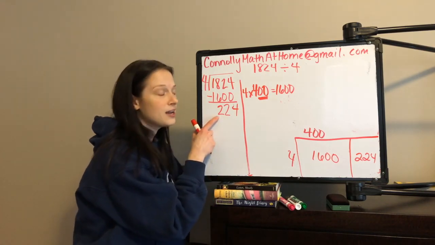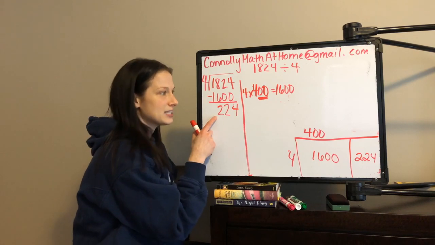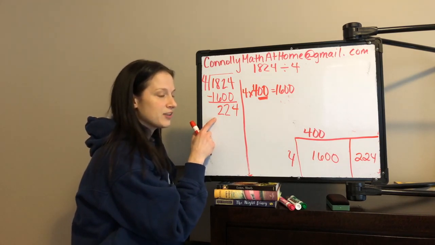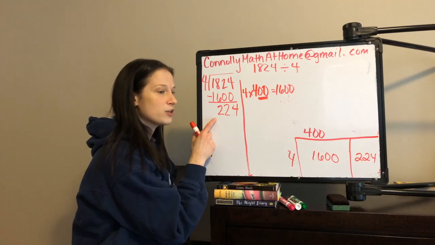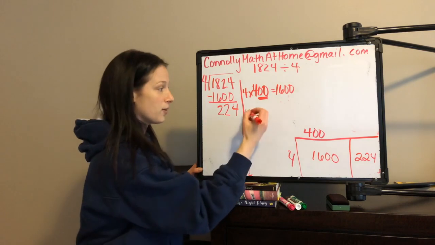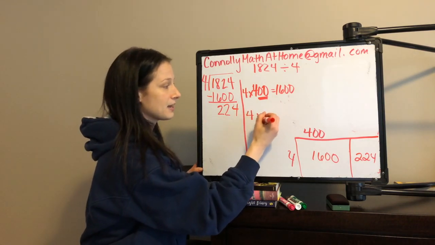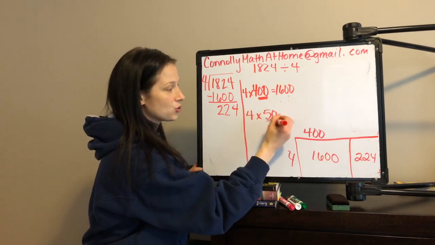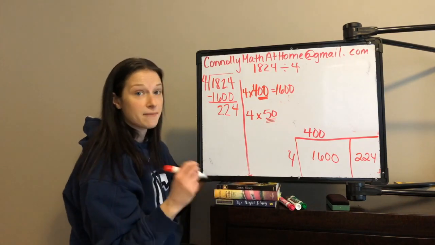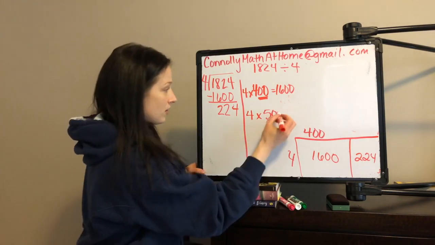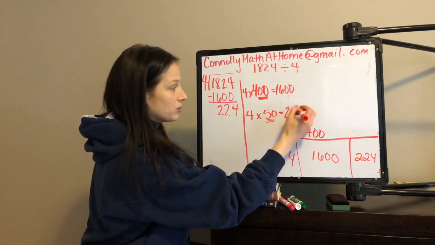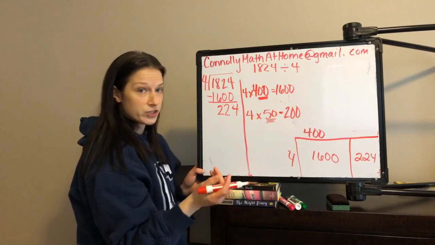I'm getting closer. 4 times 40 is 160. 4 times 50, 200. I think that works. And 4 times 60 is 240. Too high. So I say to myself, the next thing I'm going to do in each crate is put 50 oranges. I know that that will use 200 oranges.